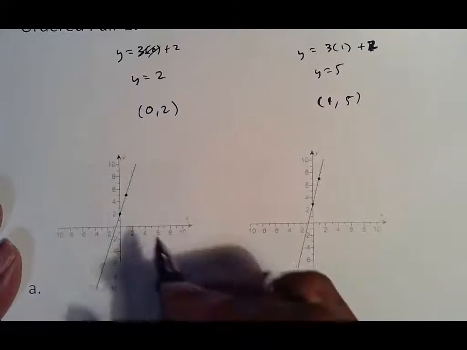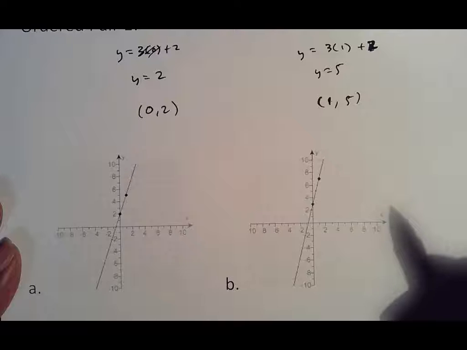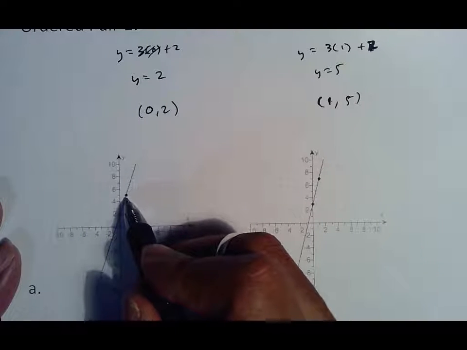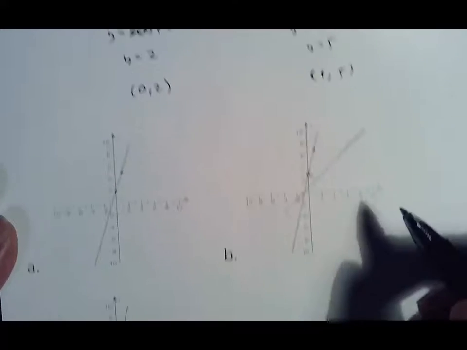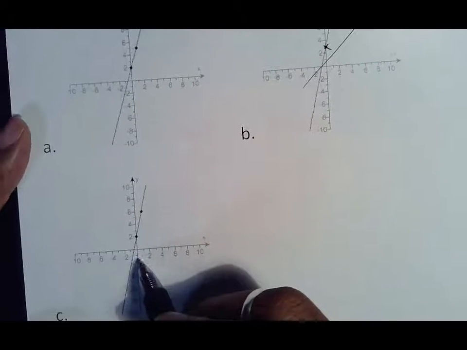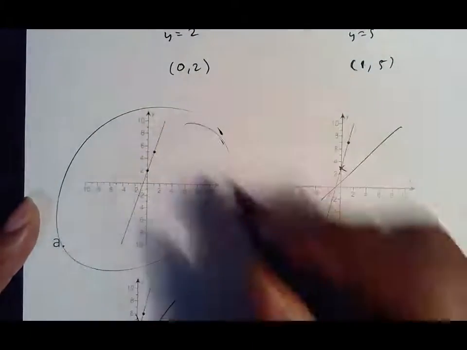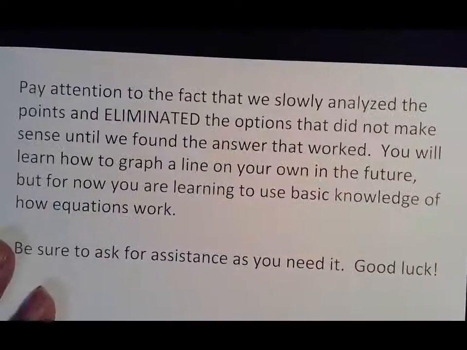Let's look at this. 0, 2. Did I just make my life really way too easy? 0, 2, and 1, 5. That is your answer. Let's just make sure. That's 0, 3. So no, that's wrong. And this one here is 0, 2, but that's 1, 6, so that's wrong. I just really don't know how to make notes with these graphs on it. I am sorry. They're not exciting at all.